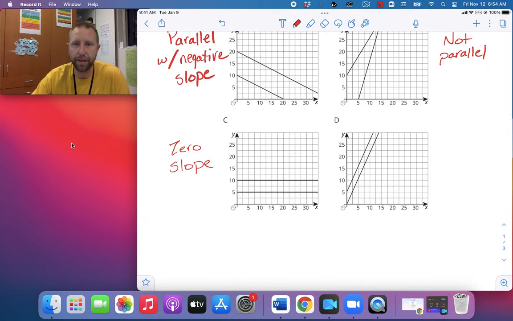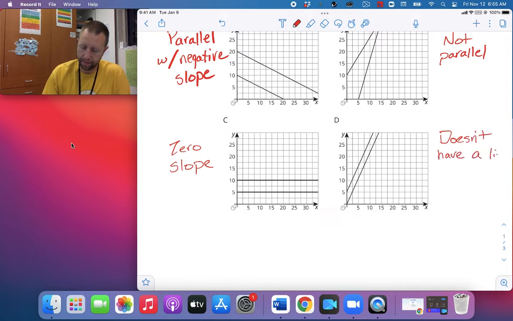And then for D, there's a couple different reasons. One thing I noticed is that it's the only graph that doesn't have a line with a y-intercept of 10.